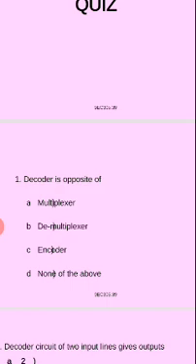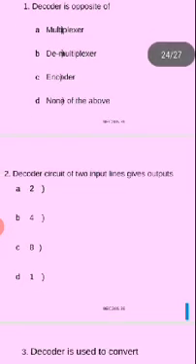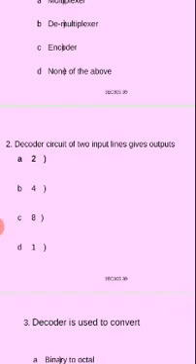Decoder is opposite to the encoder, hence option C is the right answer. A decoder circuit of 2 input lines gives outputs 2 to the power of 2, meaning 4 outputs. Answer B is the 4 outputs.